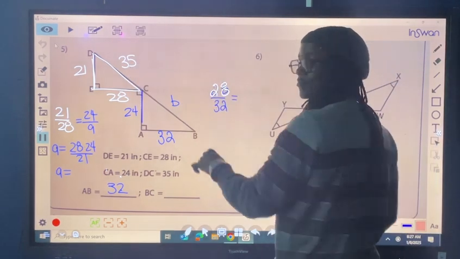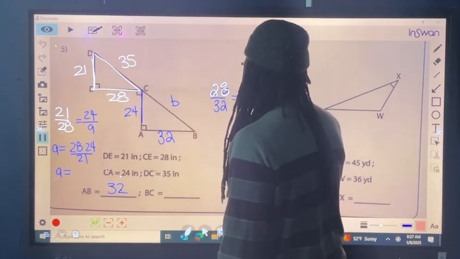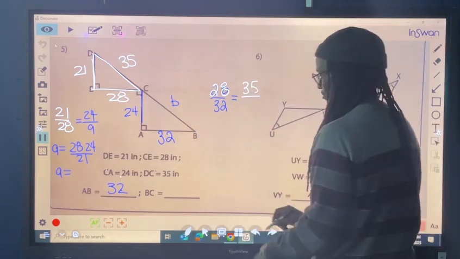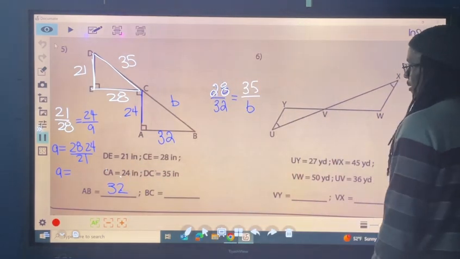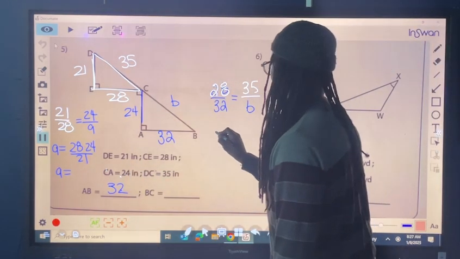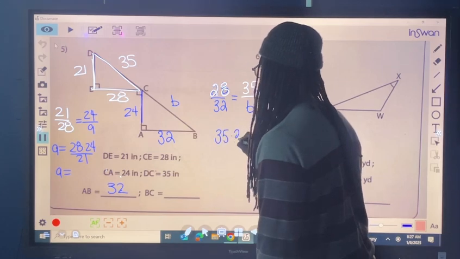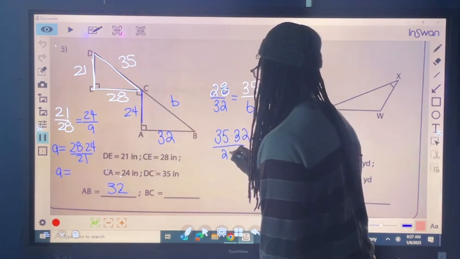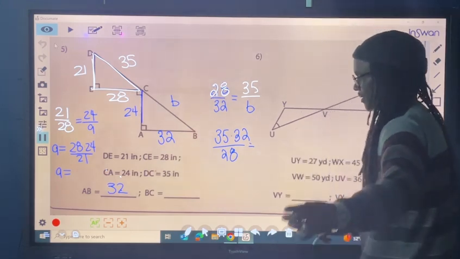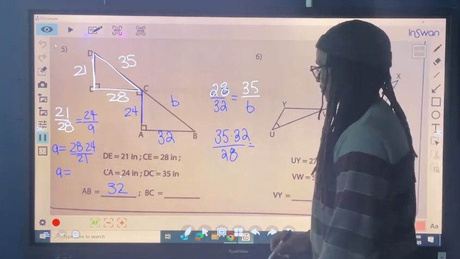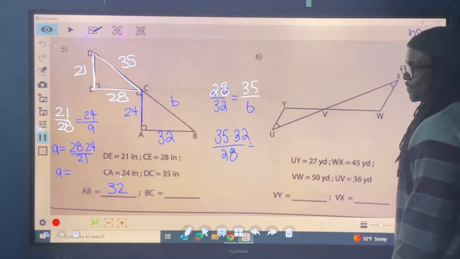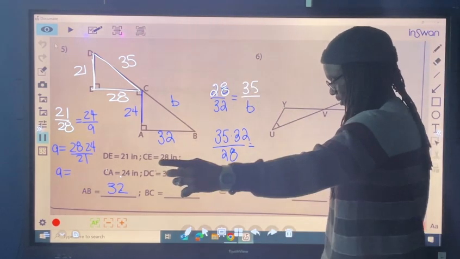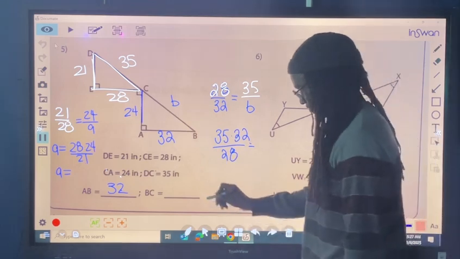B over 35. And what two numbers am I multiplying? 35 and 32. 35 times 32 divided by 28. And that makes what again? 40. Yeah.